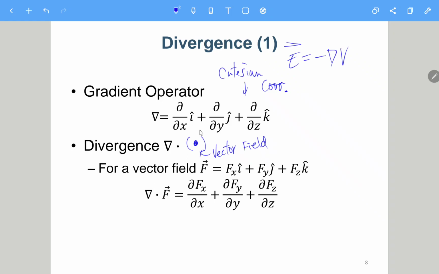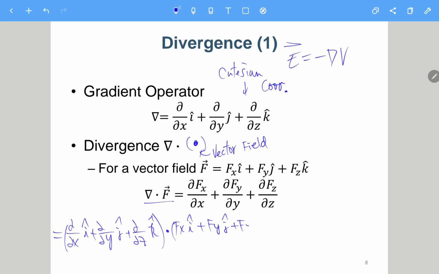The idea is that this is nothing but the gradient operator, partial x i hat plus partial y j hat plus partial z k hat, dotted with Fx i hat plus Fy j hat plus Fz k hat.